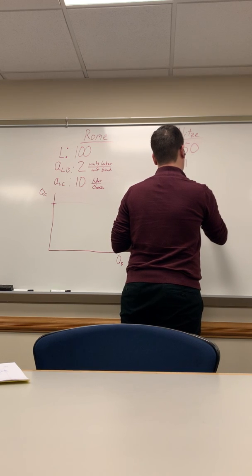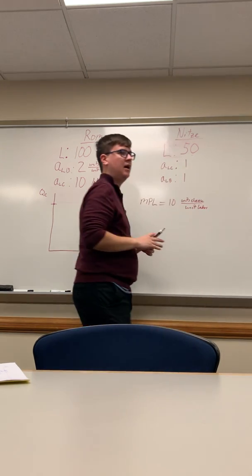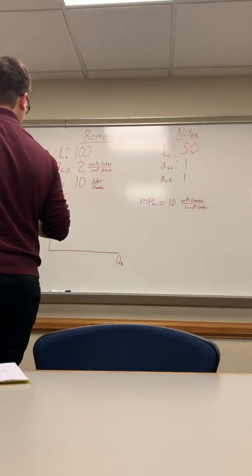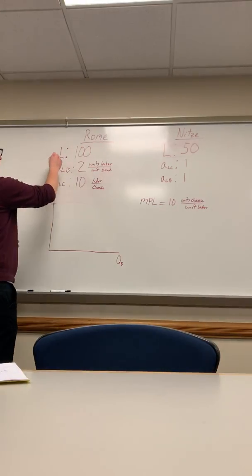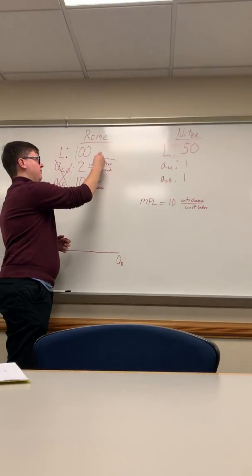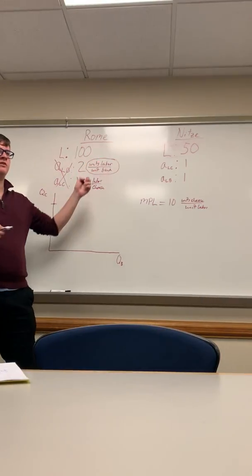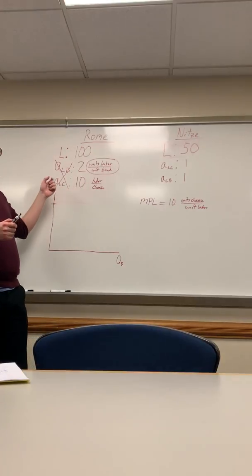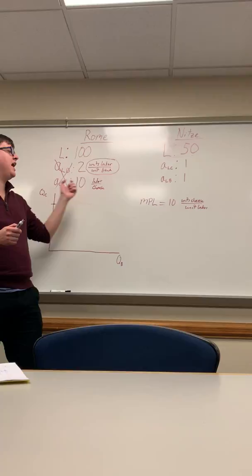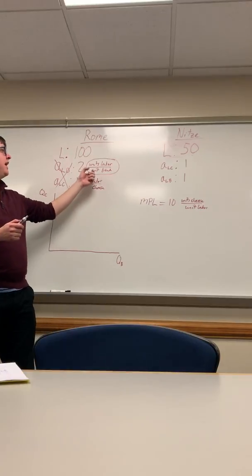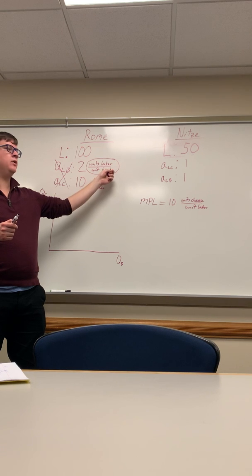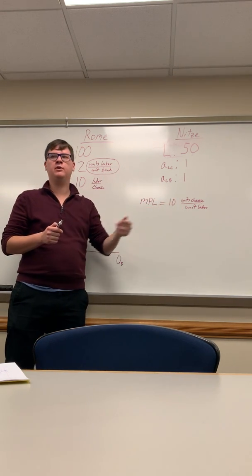But what I would encourage all of you to do is to actually just ignore this ALB, ALC stuff and just look at this, right? Which one are we, because then you don't have to get caught up in, is A the same as MPL or is 1 over A MPL? You should just look at, are we talking about units of input per unit of output, or are we talking about units of output per unit of input?